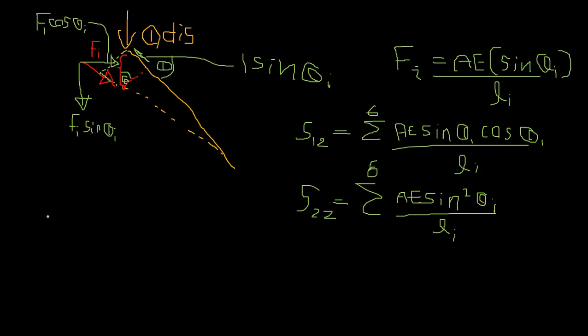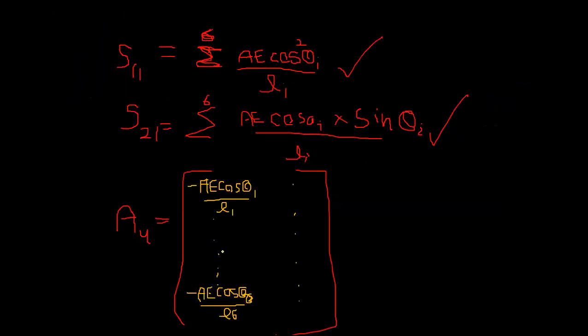And for the actions, now I can go ahead, and this is Fi, right? Fi is AE sin theta i, and it is a compression for each member. And don't worry, it will be compensated by the theta, whether it is really a compression or a tension. Minus AE sin theta 1 over L1.